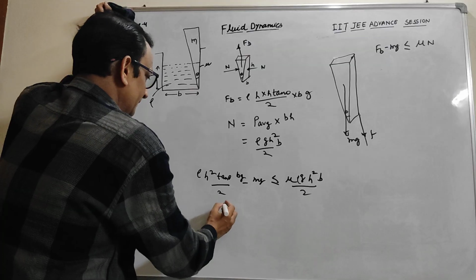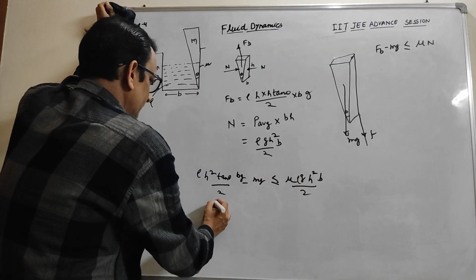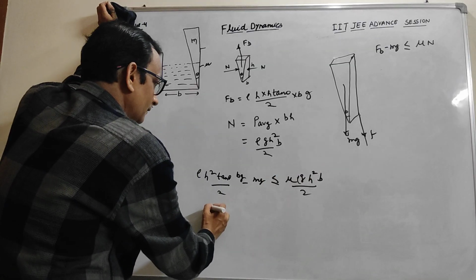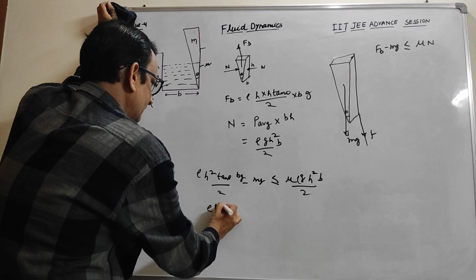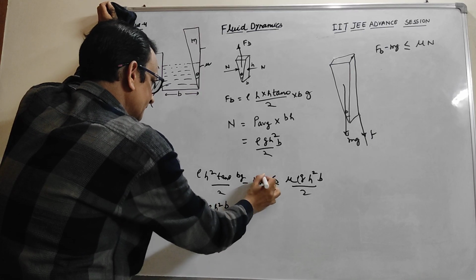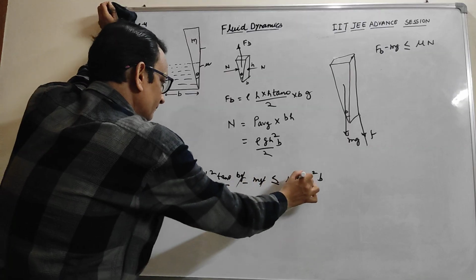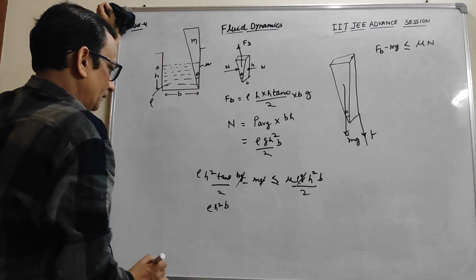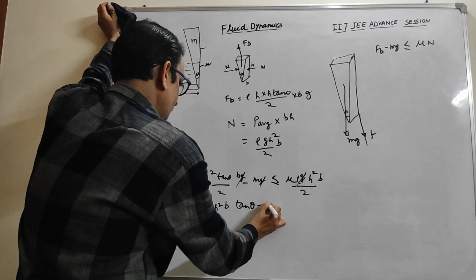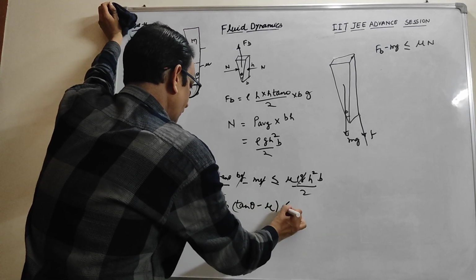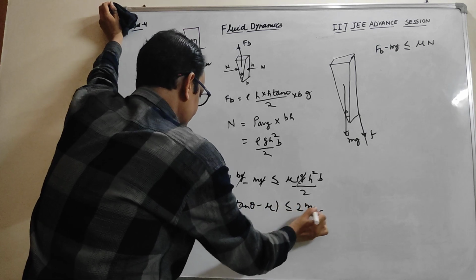So shift this term and 2 mg to the right side. So rho b g cancels, h square times (tan theta minus mu) is less than or equal to 2 mg.